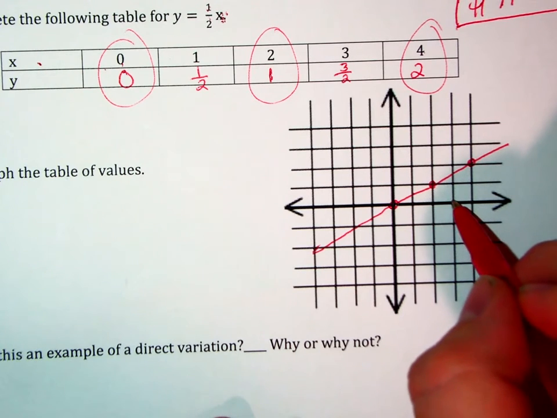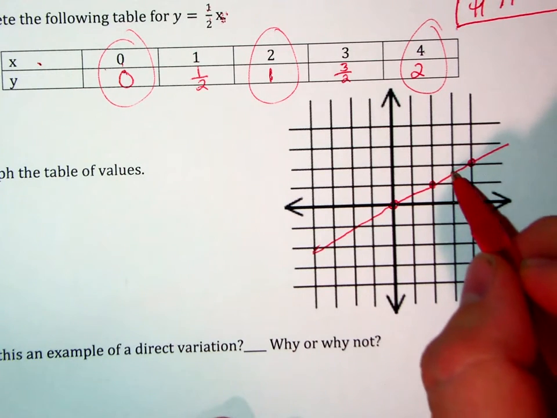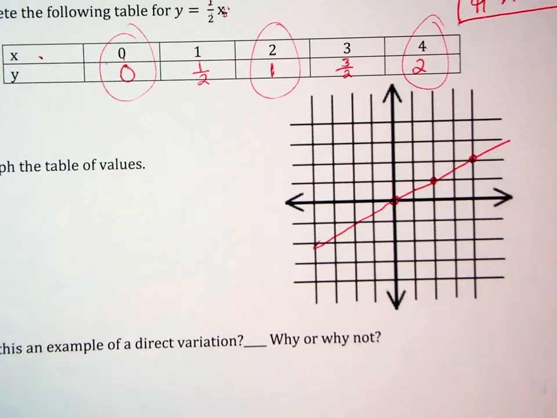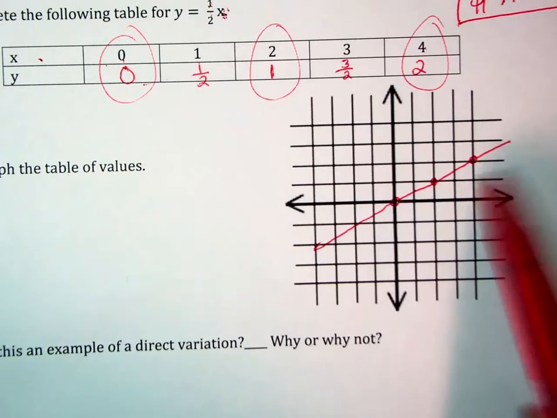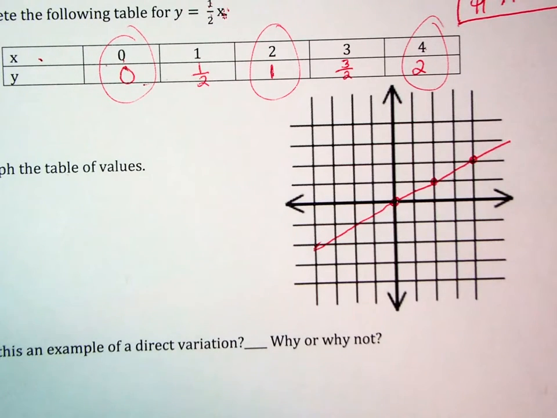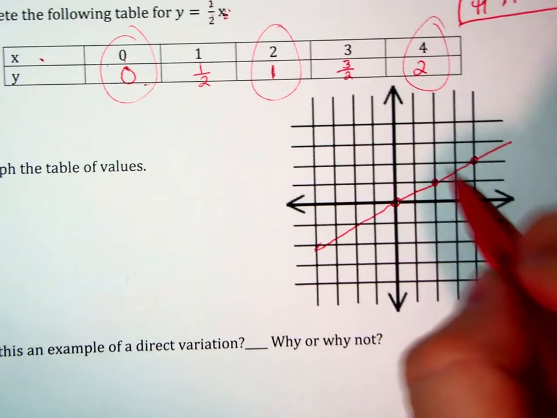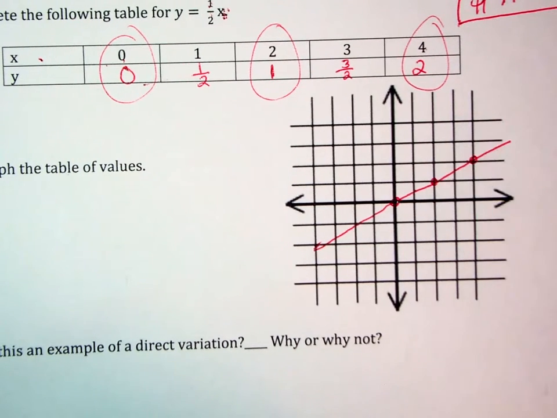If we looked at the x of 3, I would go up 1 1/2. So all of these other points are still on that line on this graph. They're just not the easy ones for us to graph on a coordinate plane. Whole numbers are easy because they come at each of these intersections.